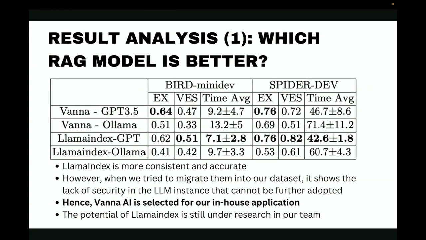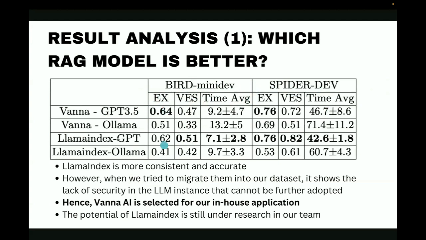Right, so let's discuss the results. In the first phase, we are trying to see which RAG-based model or AI model achieves the best performance on the synthetic data. You can see here BIRD and Spider, which are synthetic data, and they are compared based on execution accuracy, execution efficiency, and the time to run each query.